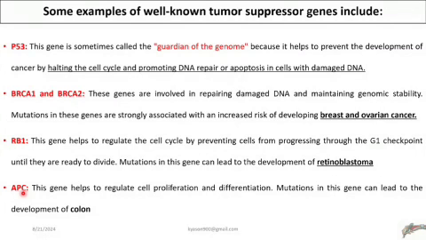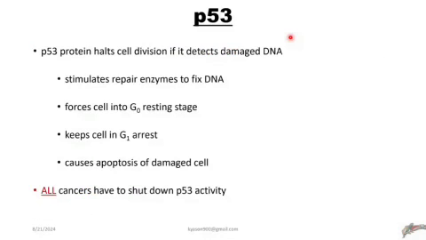This APC gene is expressed in the cells lining the colon, and if it is mutated, someone can develop colon cancer. We have the RB1 gene. This gene is also active in many cells of the body. If it's mutated, it contributes to the development of a cancer of the eye called retinoblastoma. There are many more. I just summarized a few, and all of these are very important in your body.